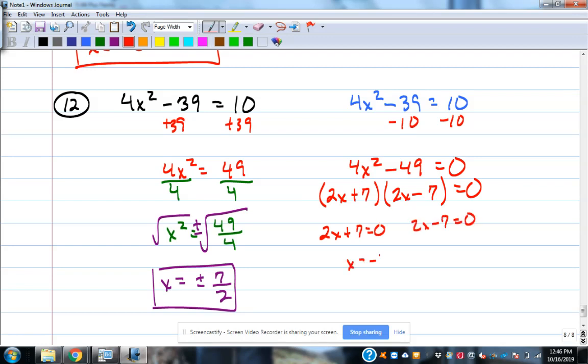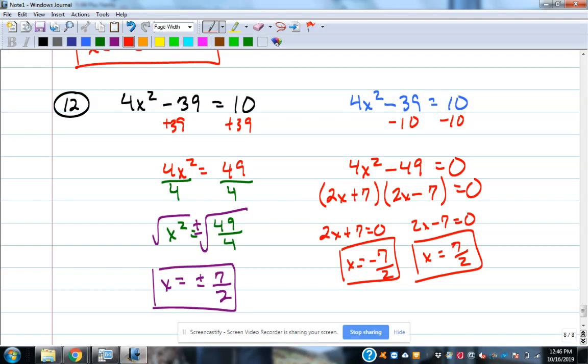And there we get negative 7 over 2 and positive 7 over 2. Same two answers, two different methods of getting there. If I'd have done quadratic formula, would I have got the same two answers? If I did it right, yeah. All of those methods would work there, okay?